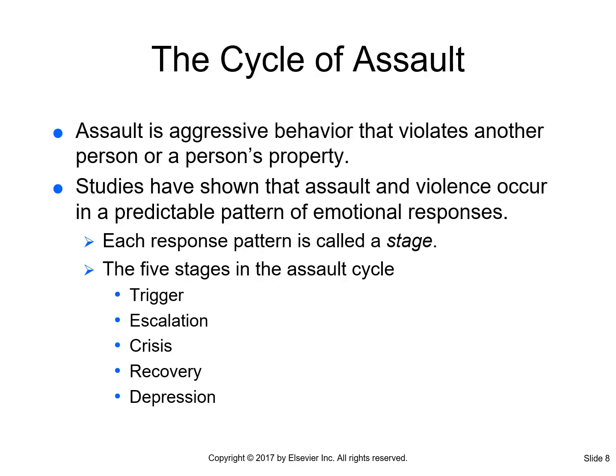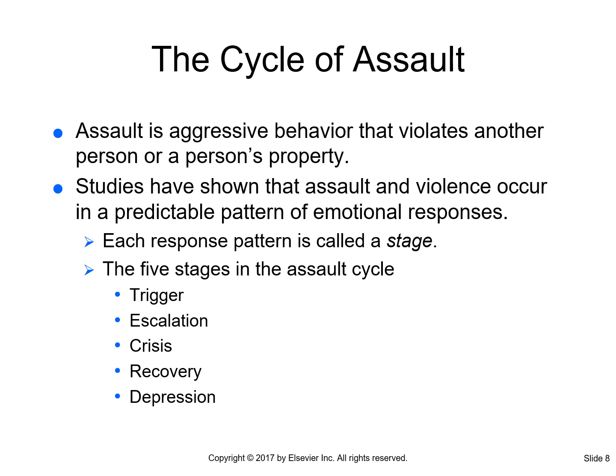All right, now let's talk about the 5 stages of the assault cycle. Again, assault is aggressive behavior that violates another person or another person's property.